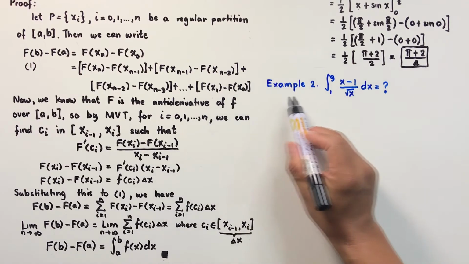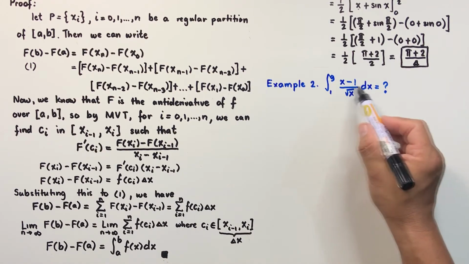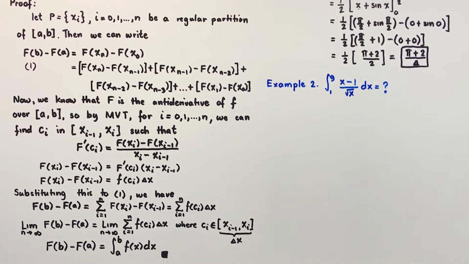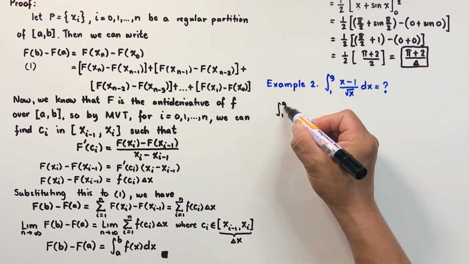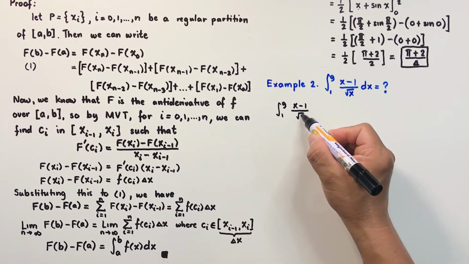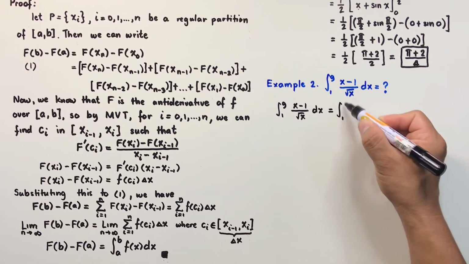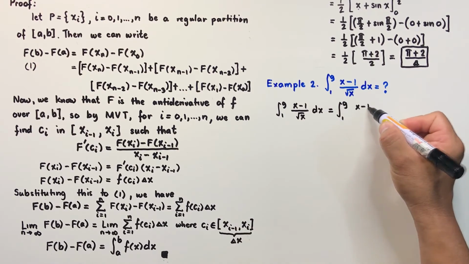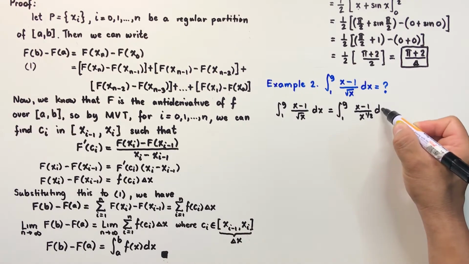Now let's proceed to our example number 2. What is the integral of (x minus 1) over the square root of x dx from 1 to 9? So, transforming the square root of x to its equivalent exponential form, we have the integral from 1 to 9 of (x minus 1) over x to the power 1/2 dx.